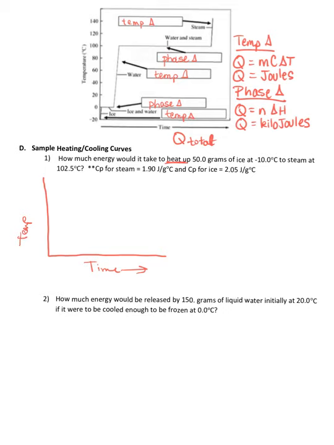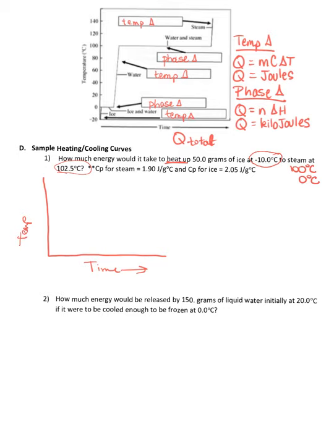We are starting at ice at -10, and we are going to steam at 102. And again, this is H2O. So it's very important to remember that water has a boiling point of 100 degrees Celsius and a freezing point of 0 degrees Celsius, or a melting point of 0 degrees Celsius, since we're heating it up.